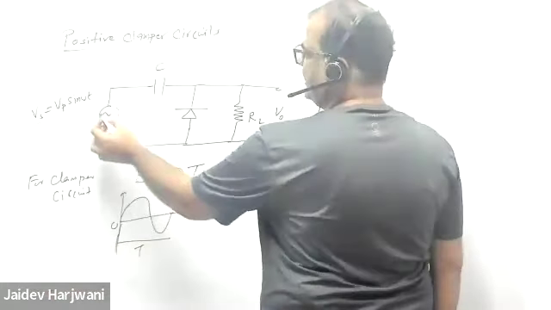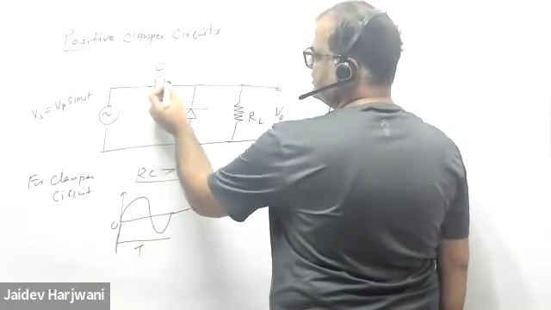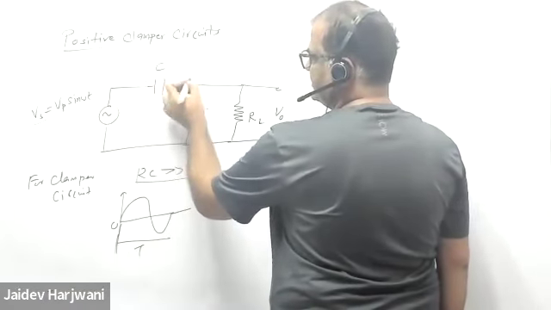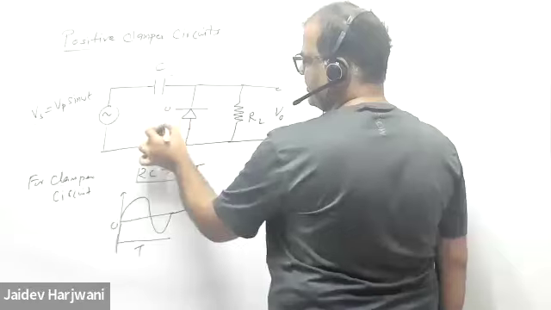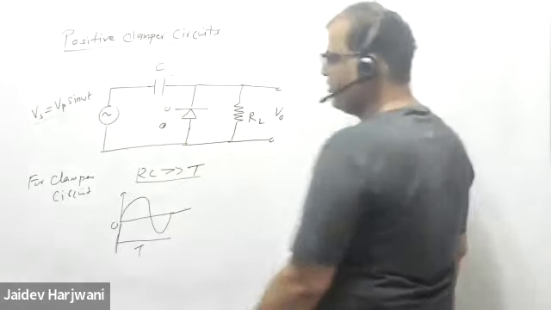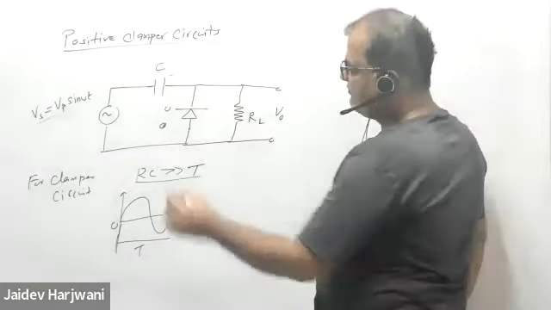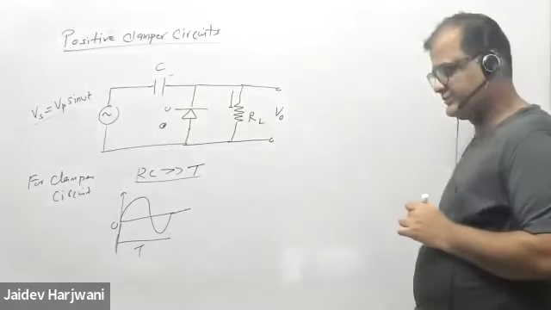For positive cycle, this capacitor will start charging. So this is plus, this is plus, so this diode will become reverse bias. So this diode will become open. But now what will happen? Current will flow through the resistor. Yes or no?